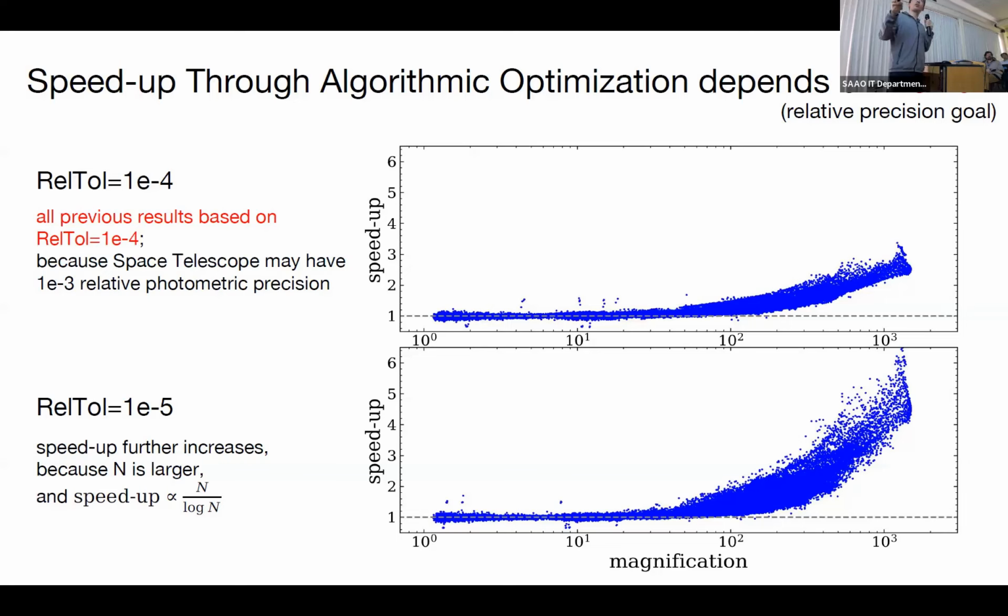So we set the relative tolerance to 10 to the minus 4 as a practical threshold. If you set a more demanding relative tolerance, like 10 to the minus 5, the speed up will further increase. For 10 to the minus 4, it's about 3 times, and for 10 to the minus 5, it's about 6 times faster, because n is larger and the speed up is basically proportional to n.